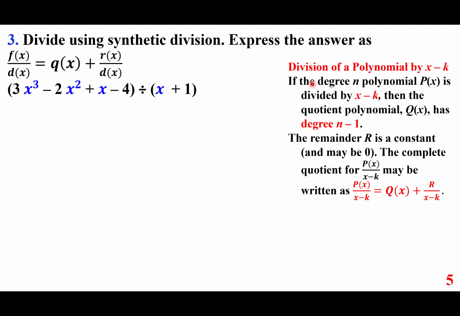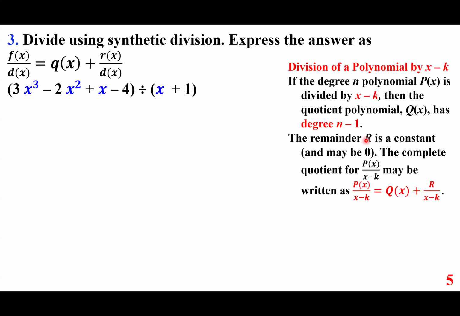If the degree n polynomial p of x is divided by x minus k, then the quotient polynomial q of x has degree n minus 1. Because this one has degree 1 and this is being divided by it, it goes down by 1. In this case, this is 3, this is 1, so the quotient must be of degree 2, n minus 1.